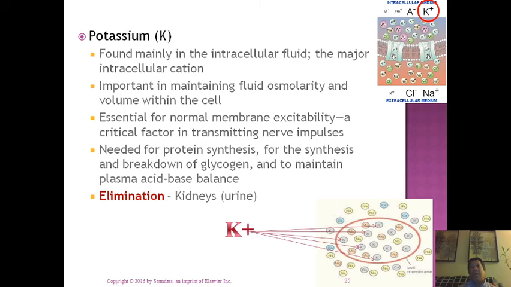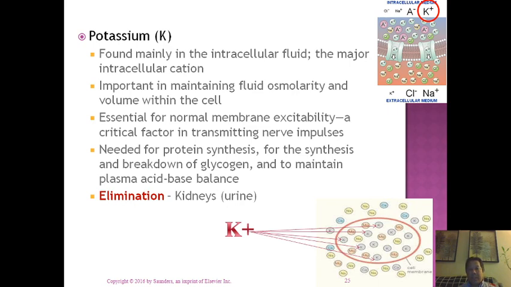So you can probably deduce right now that if the kidneys are damaged or not fully functioning, then we will have a problem in eliminating excess potassium from our system, and that can have a very bad impact or side effect to the function of the body, particularly the heart.